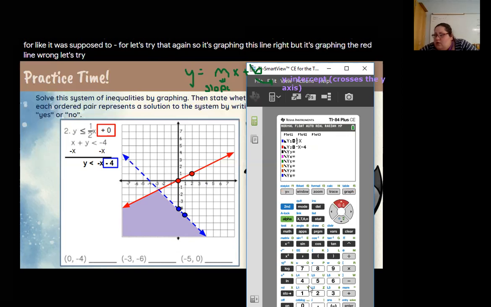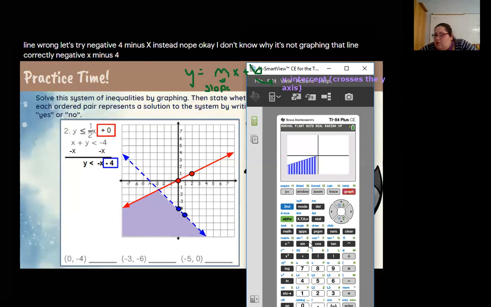Let's try negative 4 minus x instead. No. Okay, I don't know why it's not graphing that line correctly. Negative x minus 4. It's got the right slope, just not the right intercept.